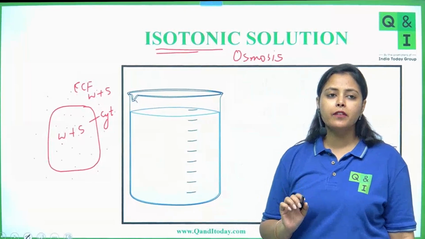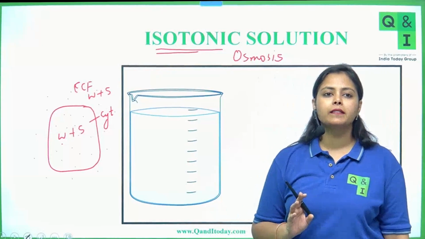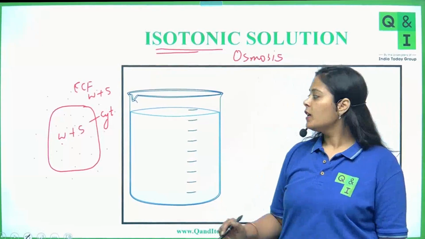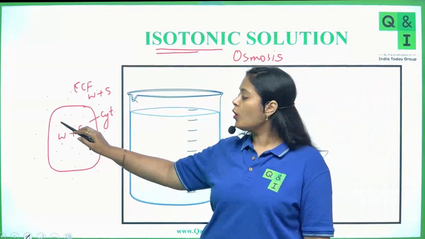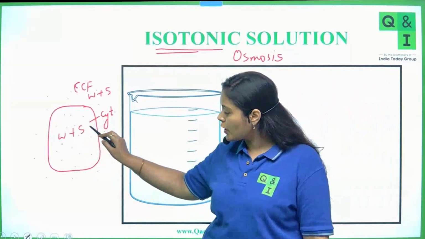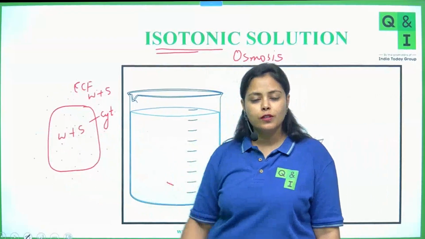Yes, everyone? Have you understood what I am trying to say? Okay, so the concentration of water and solutes, that means the concentration of the solution, is equivalent to the outside solution's concentration.